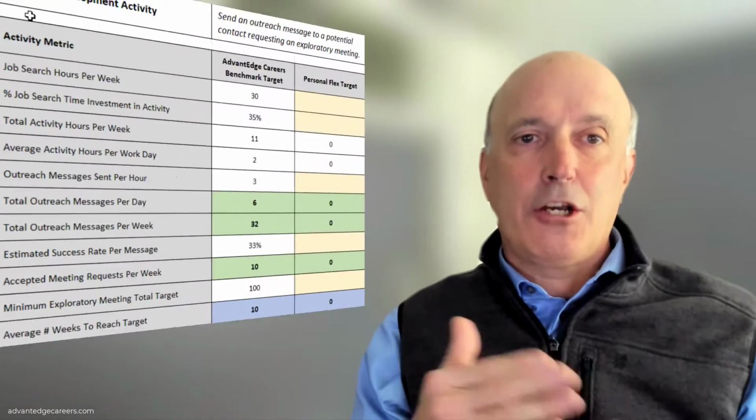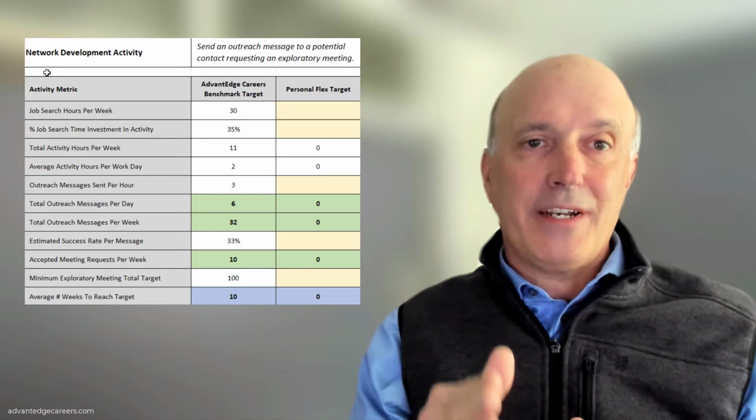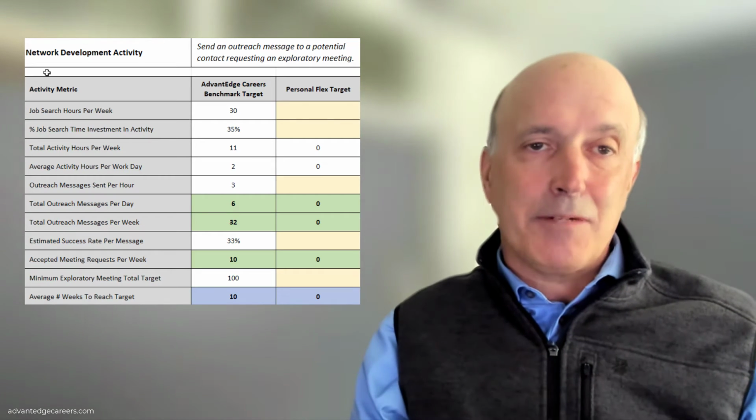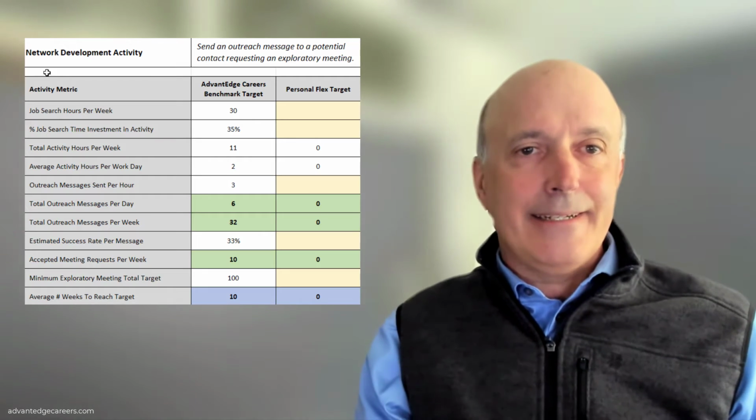Then, if you get good at the exploratory meeting process we're going to cover in a future video, and I share in Chapter 11 of my guidebook, you can complete up to 100 exploratory meetings in less than 3 months.